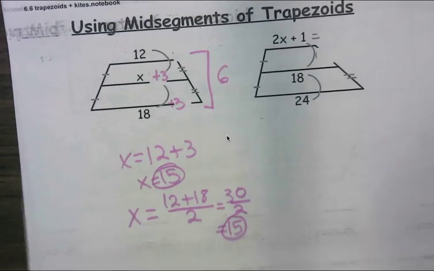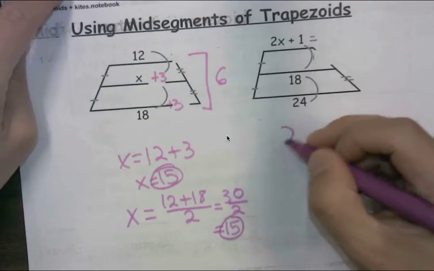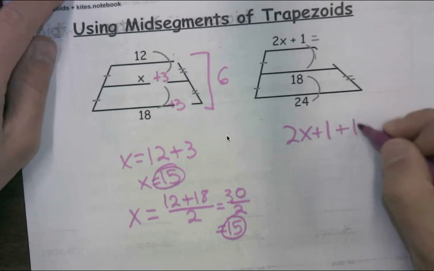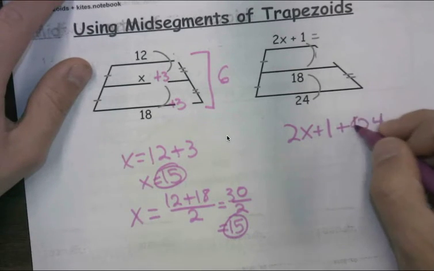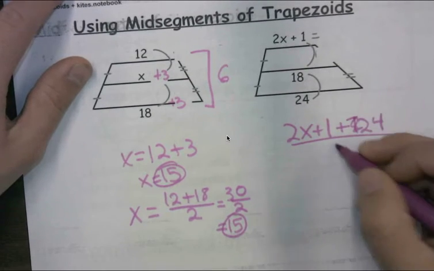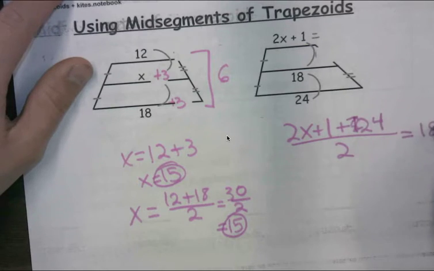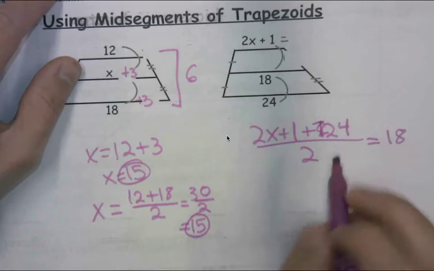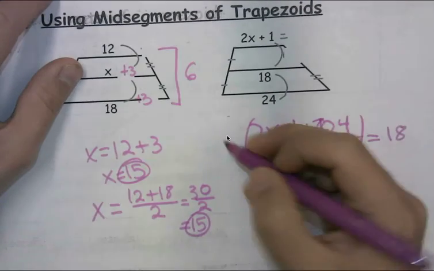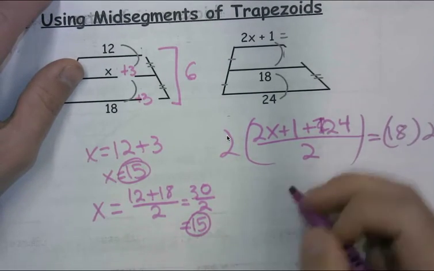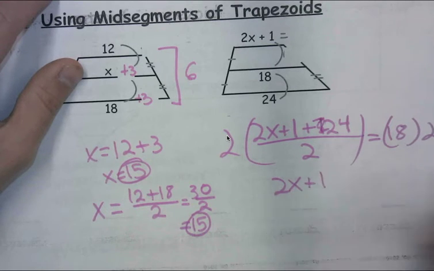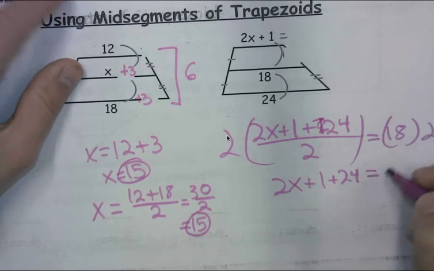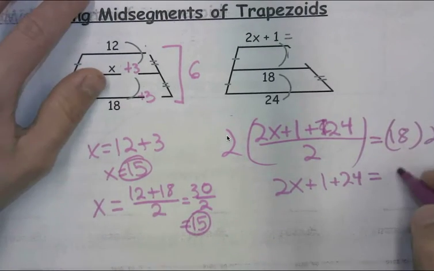With this one, with a little bit of algebra, we have the 2x plus 1, and we know that if we add on that 24, and divide that by 2, it should be equal to 18. So now we're trying to think what x could be. If we simplify this, multiplying both sides by 2, we get 2x plus that 1 plus that 24 equals the product of 2 and 18, so this would be 36.